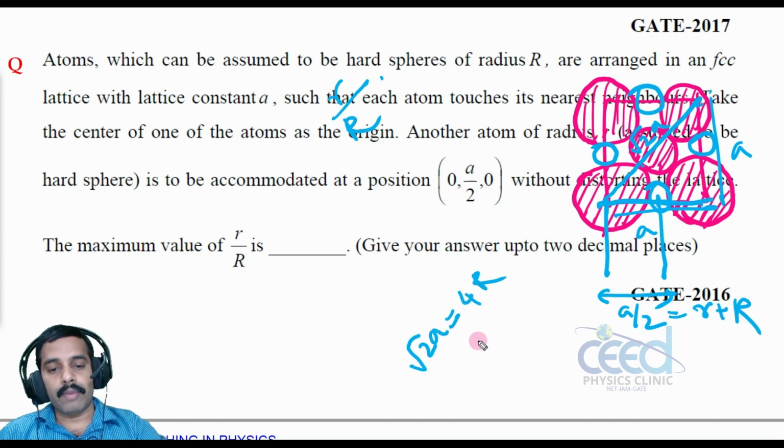What is the value of capital R? From this equation I can write A is equal to 2R plus 2r.